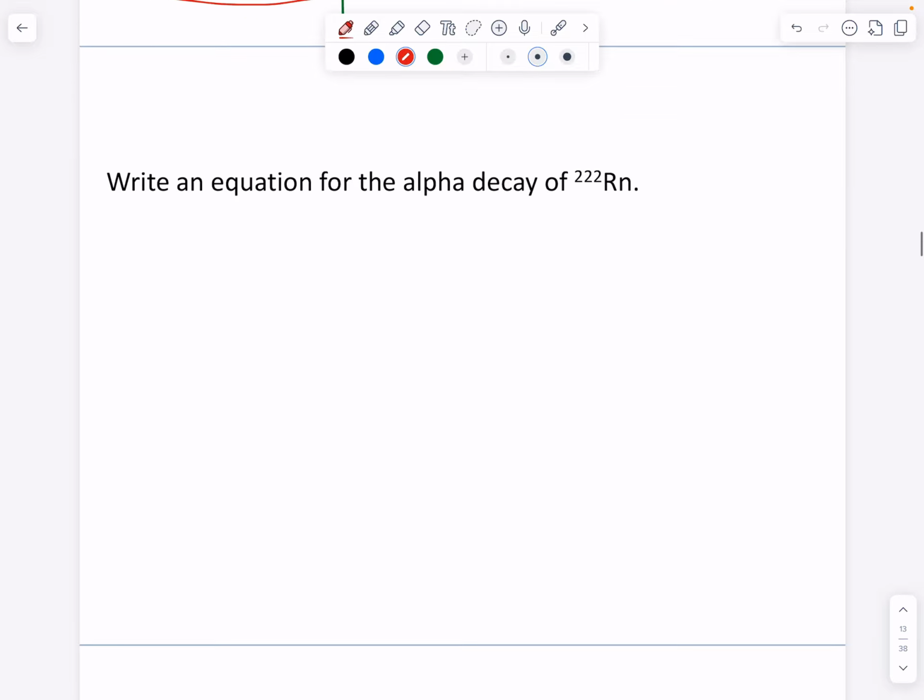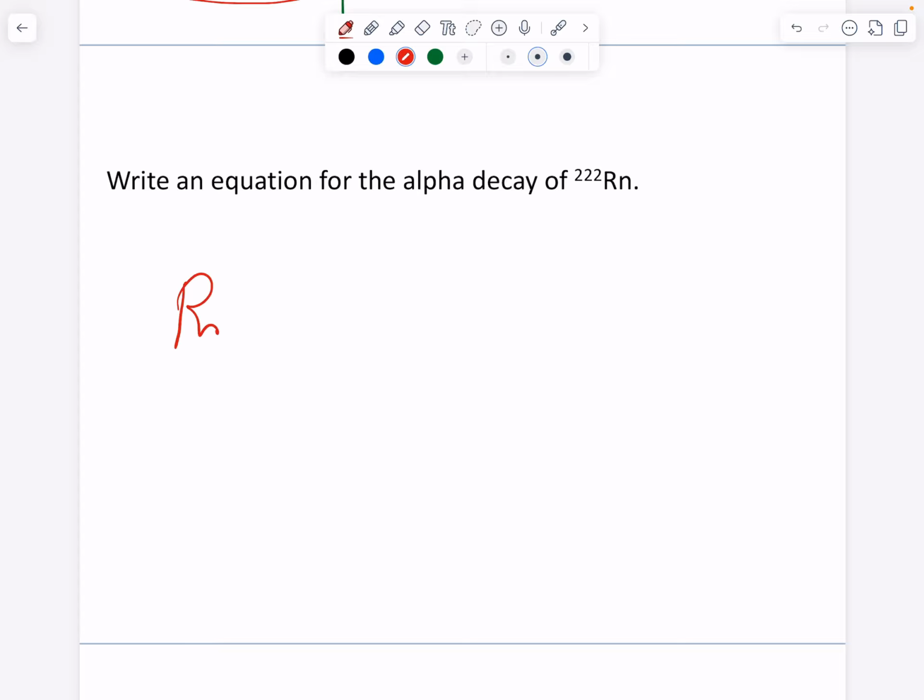For example, write an equation for the alpha decay of radon 222. Radon in the periodic table is 86. Now it says it's an alpha decay, so that means it's going to produce alpha plus something else.